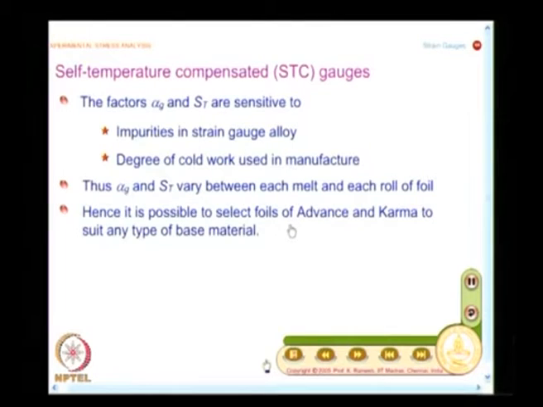Karma alloy comes for larger temperature change, whereas in the case of advance alloy the temperature limit is slightly less than what you can do in Karma alloy. So, when you are going for self temperature compensated gauges, you look at it from the metallurgy point of view and look at what is the property of each melt and each roll of foil.